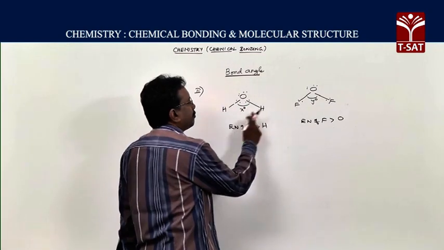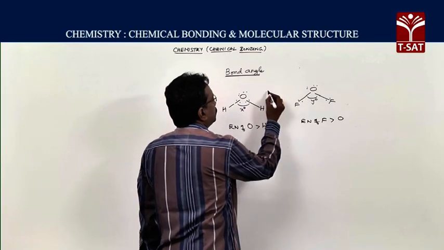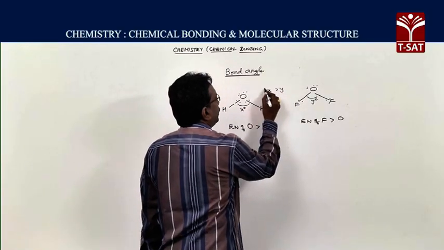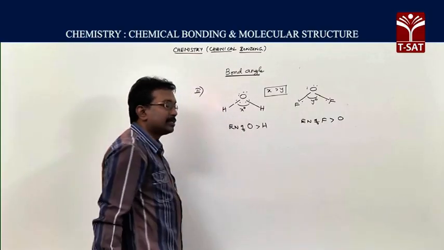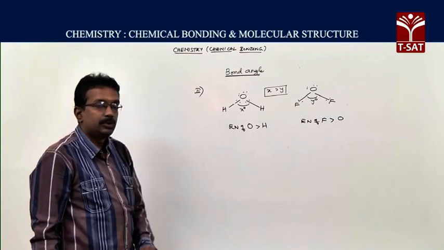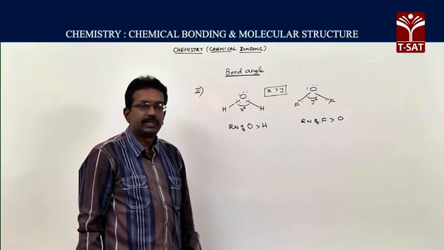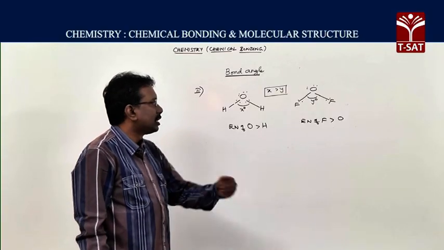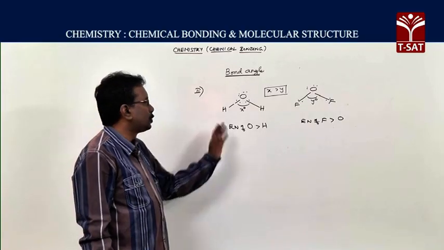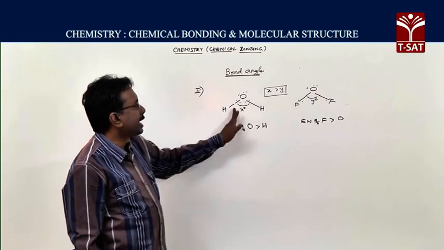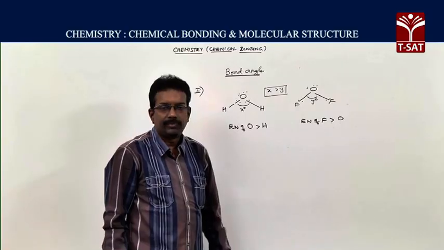If you compare the bond angles between these two, we get x greater than y. That means the magnitude of bond pair repulsions depends upon the electronegativity difference between the central atom and the bonded atom. That's why in H2O and OF2, the H2O bond angle is more than OF2.